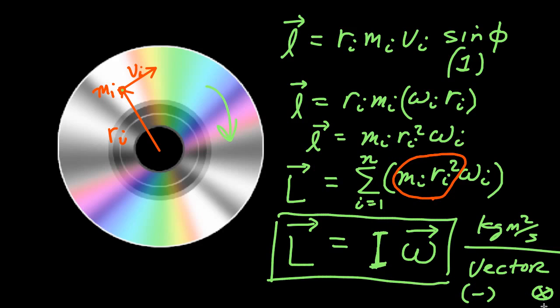Quick example: if we take a bowling ball and consider it a uniform sphere and give it a spin in a counterclockwise direction when looking from above, then we have angular momentum L equal to moment of inertia I times angular velocity omega.